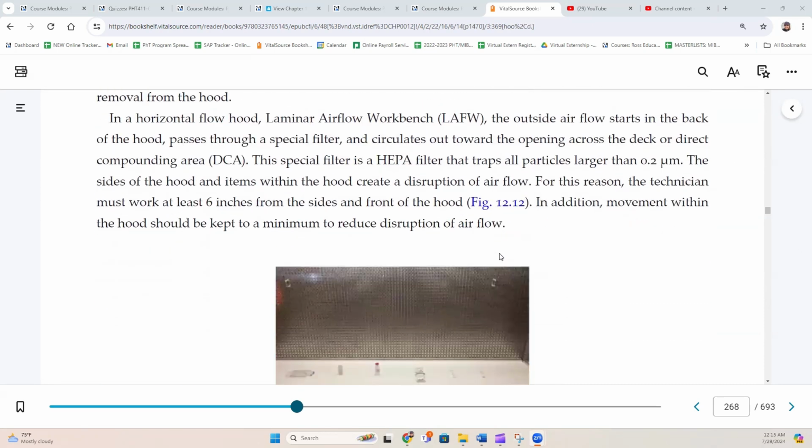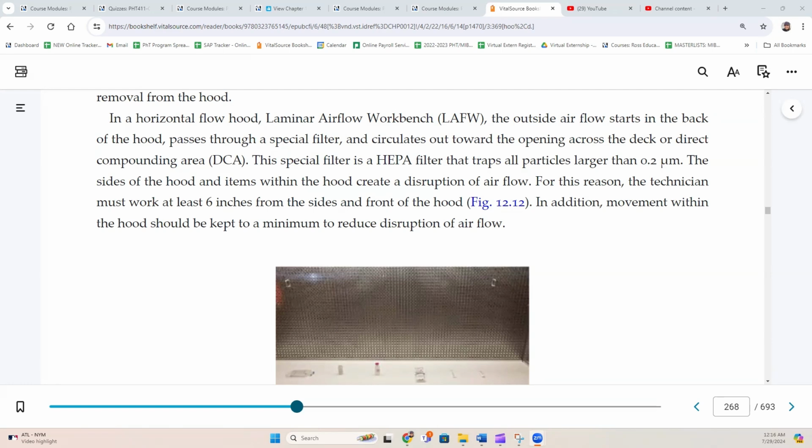In a horizontal flow hood, laminar airflow workbench, the outside airflow starts in the back of the hood, passes through a special filter, and circulates outward the opening across the deck or direct compounding area. This special filter is a HEPA filter that traps particles larger than 0.2 micrometers. The sides of the hood and items within the hood create a disruption of airflow.